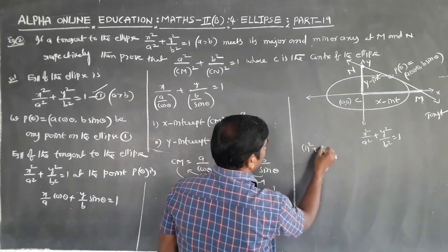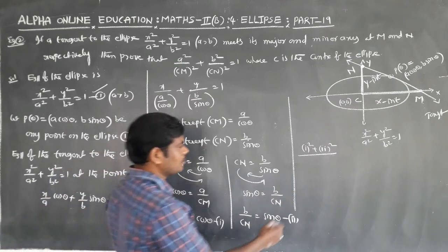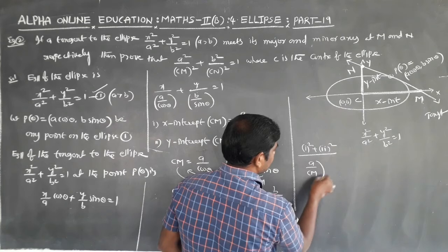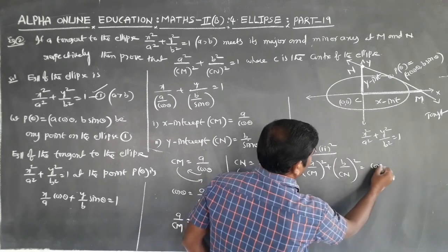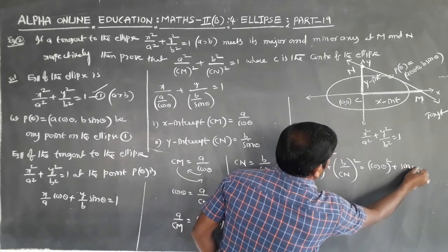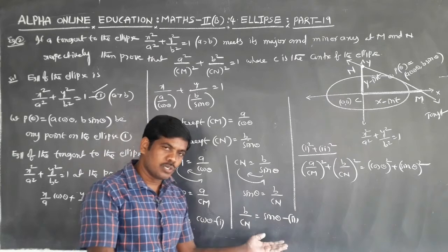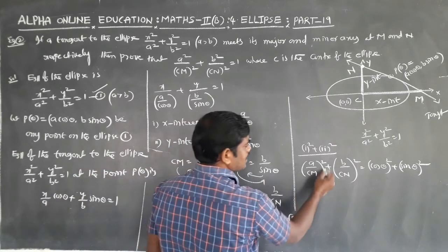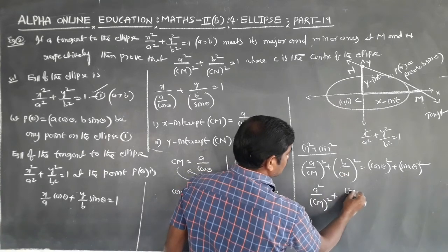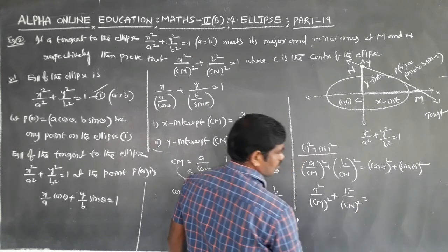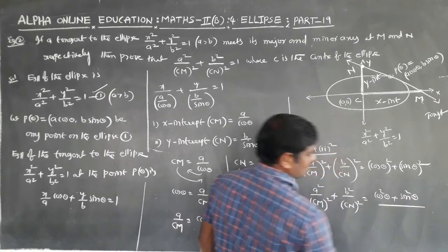Squaring and adding equations 1 and 2: (a by CM) whole square plus (b by CN) whole square is equal to (cos theta) whole square plus (sin theta) whole square. (a by CM) whole square means a square by CM square, and (b by CN) whole square means b square by CN square, equal to cos square theta plus sin square theta.